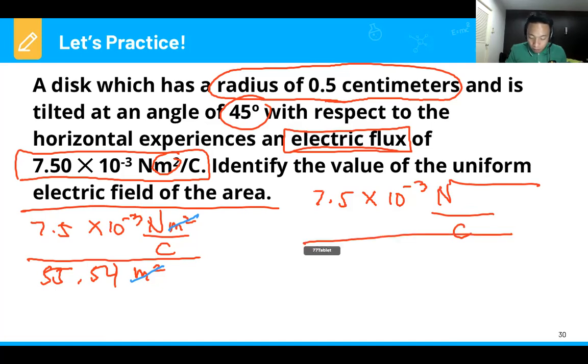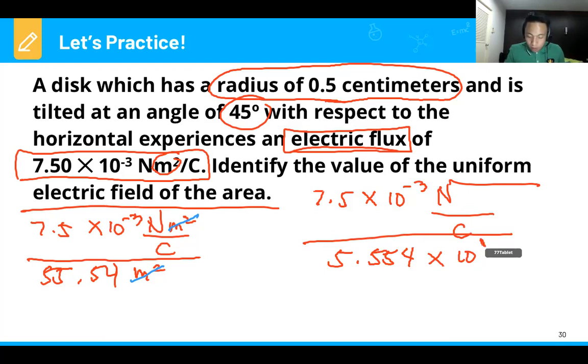Over 55. So it will become 5.554 by 10 raised to 1. Tama?